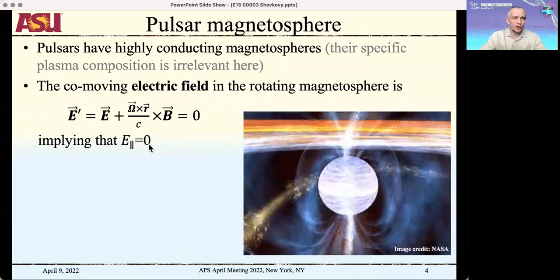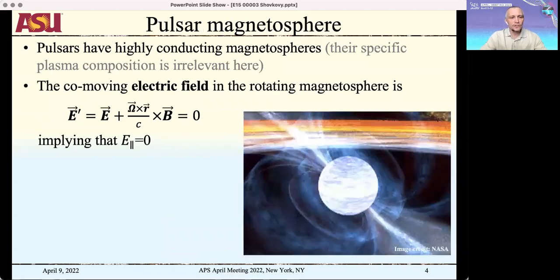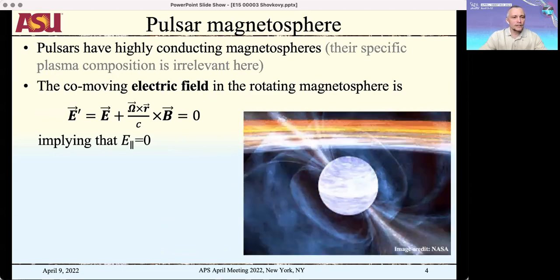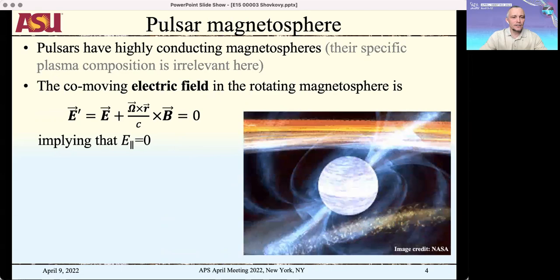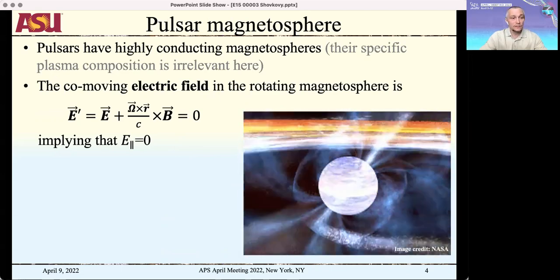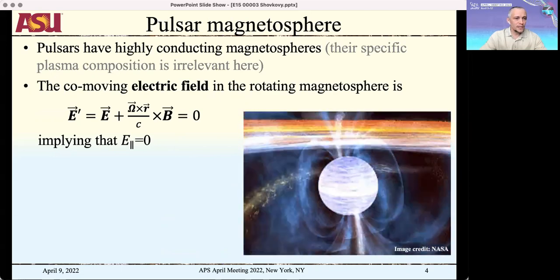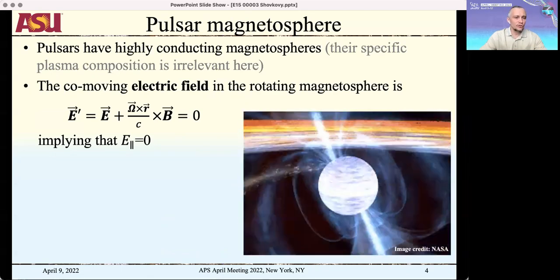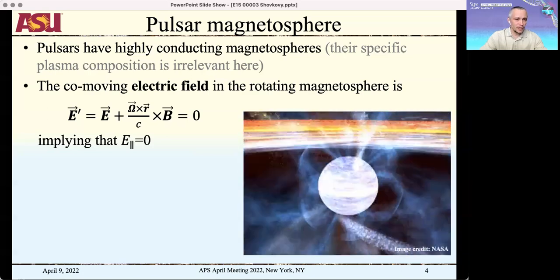In the case of pulsars, the magnetosphere is co-rotating with the star, and it is also highly conducting. Because of the high conductivity of the plasma, the co-moving electrical field in the magnetosphere must vanish. That implies that the electrical field parallel to the magnetic field in the laboratory frame must be vanishing.